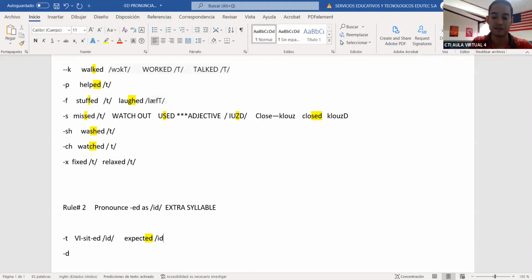So this is it. So pay attention in English. Whenever you have the T ending and then you have -ed, you need to pronounce it with an extra syllable. Or the other rule is if you have a D, as in, imagine you have "necesitaba." So again, it's an extra syllable. So you're going to pronounce it like "needed."